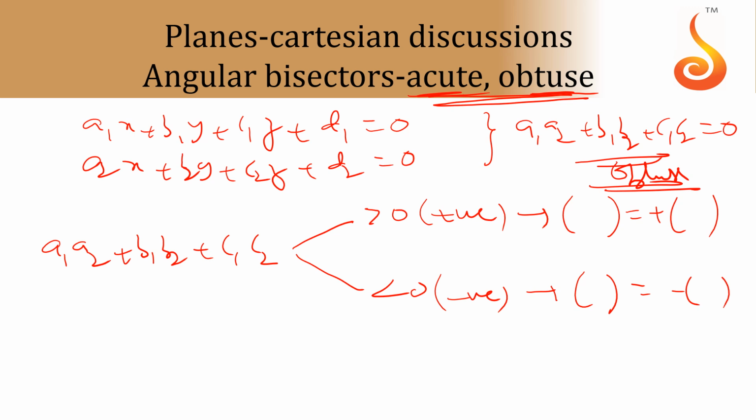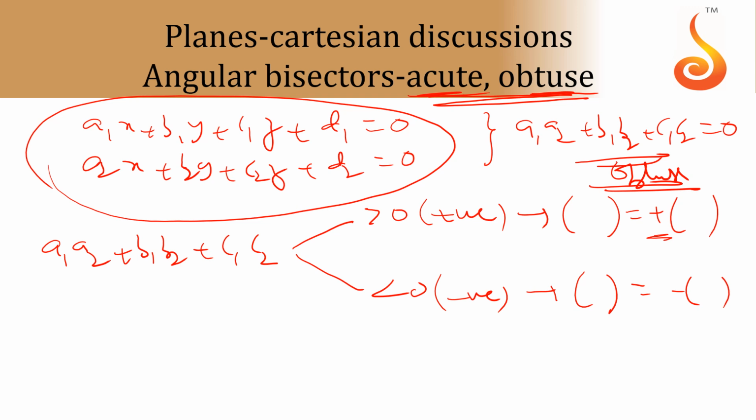Here I am not saying make d1 d2 positive. Some textbooks write that there is no need to make d1 d2 positive. But if you make d1 d2 positive and do this work, what will happen? Assume these are the plane equations after making d1 d2 positive. Then I calculated a1 a2 plus b1 b2 plus c1 c2 and got positive. I said that the positive sign gives obtuse.